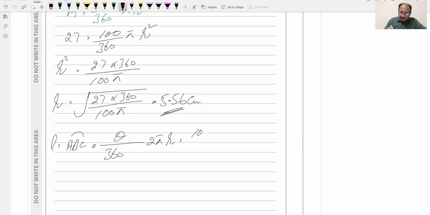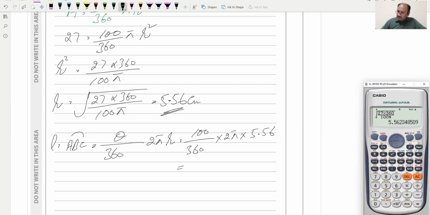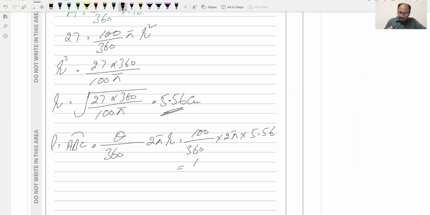If we insert the values, 100 over 360 into 2 pi, and the r value is 5.56, and this is equal to 139 over 45 pi, and this will be the arc length.